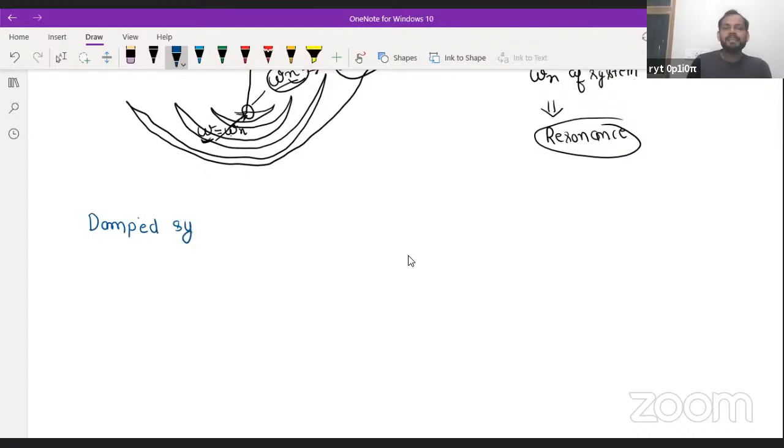So damped system means a system in which there is vibration, there is friction. So what does friction do? Friction reduces the overall energy in each successive cycle.